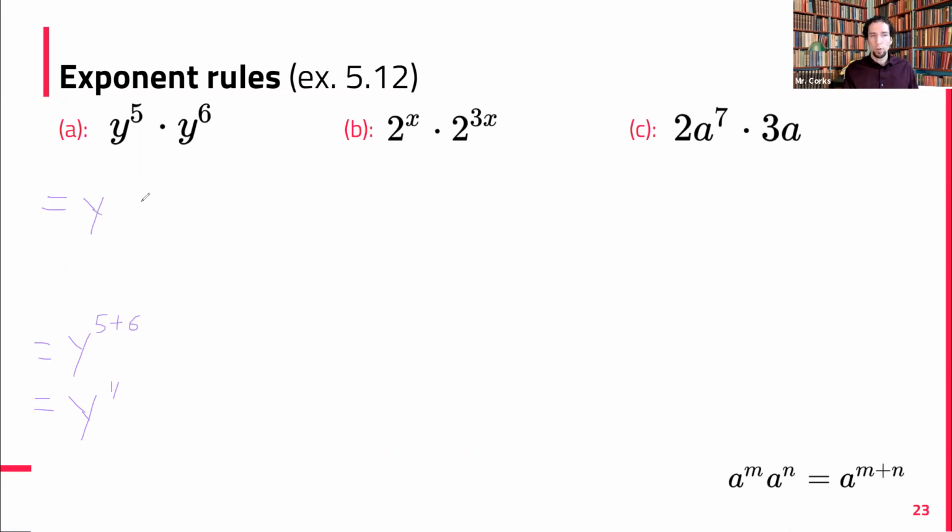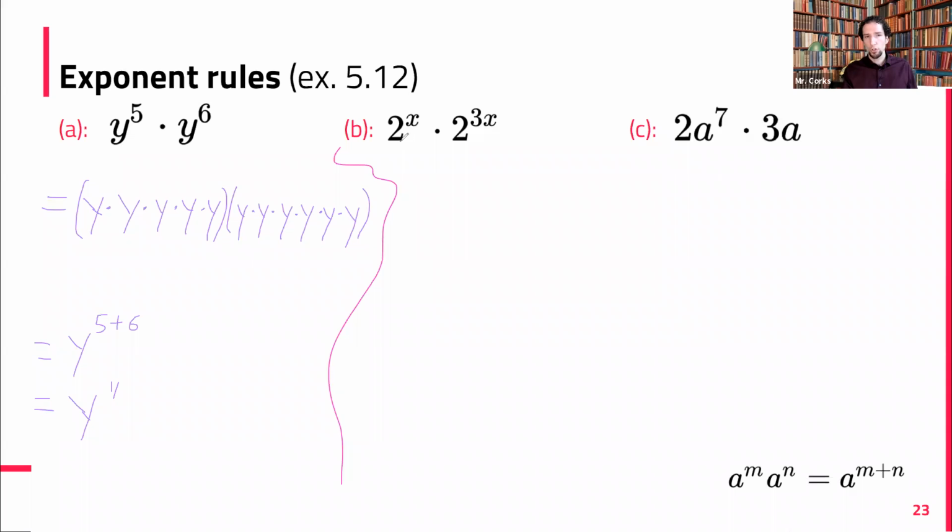If we think for a moment about why this is, y to the exponent 5 is y times y times y times y times y, 5 times, and then all of that multiplied by y times itself 6 times, and then we just add them together. How many y's do we have being multiplied together? We have 11 of them, 5 plus 6, so 11. So that's the logic behind that rule.